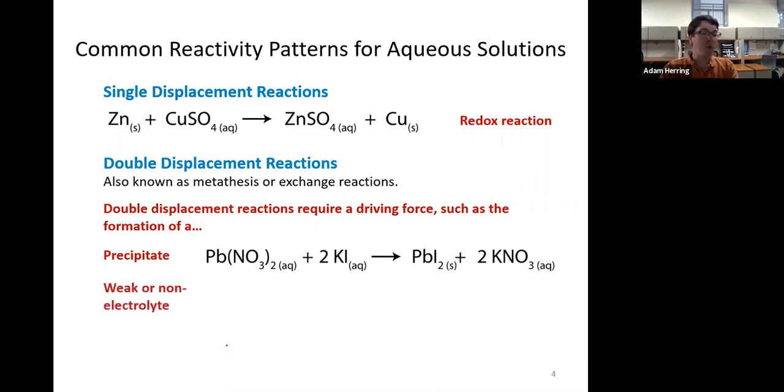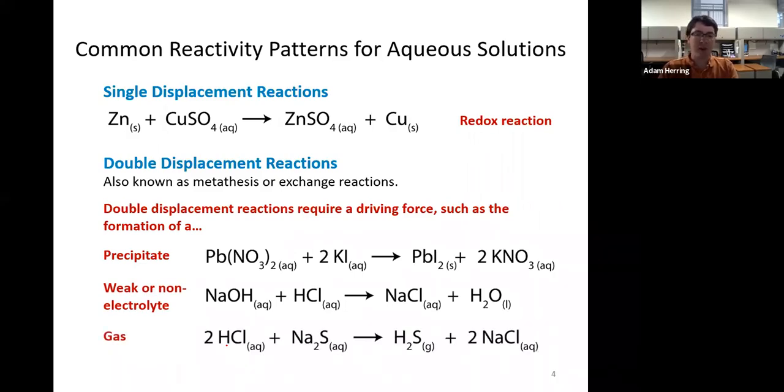We could also form a weak or a non-electrolyte, as is shown here in the formation of water from sodium hydroxide and hydrochloric acid. Water is a non-electrolyte. And then finally, the formation of a gas, as is illustrated here with the reaction of hydrochloric acid with sodium sulfide to produce hydrogen sulfide gas.